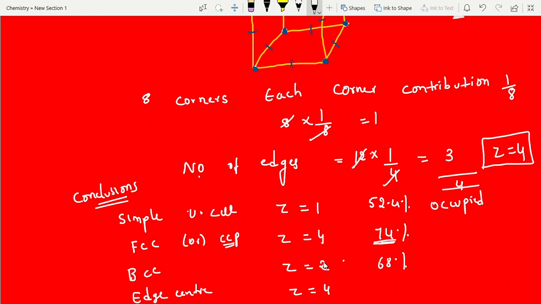Okay, students, with this, number of particles calculation is completed. Now, next one I am going to do, what is that? FCC, packing efficiency.